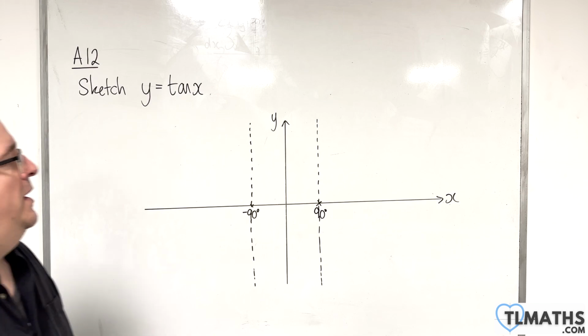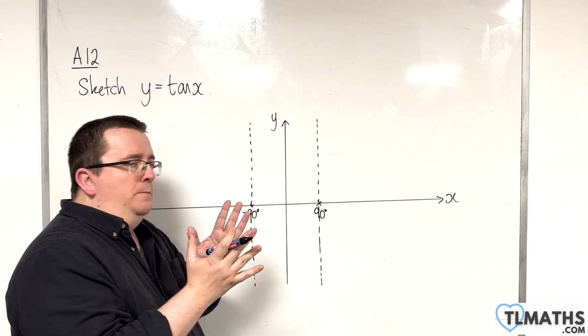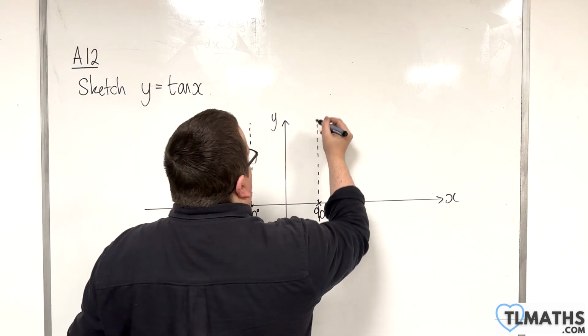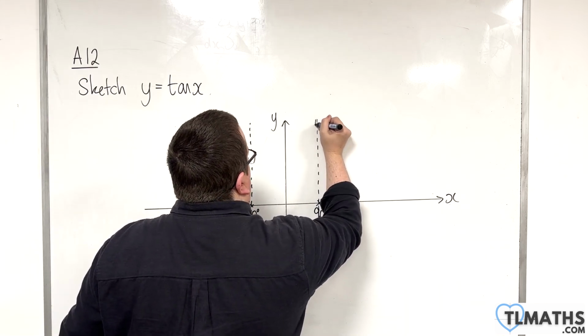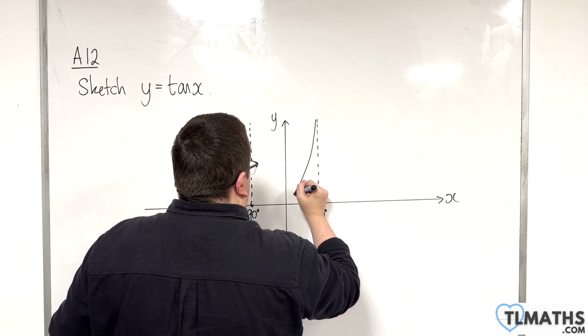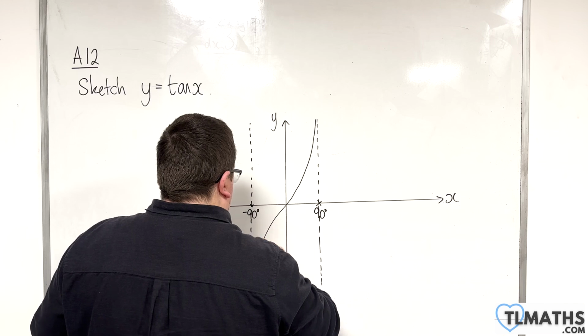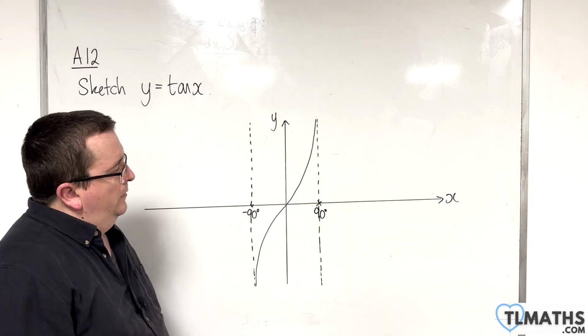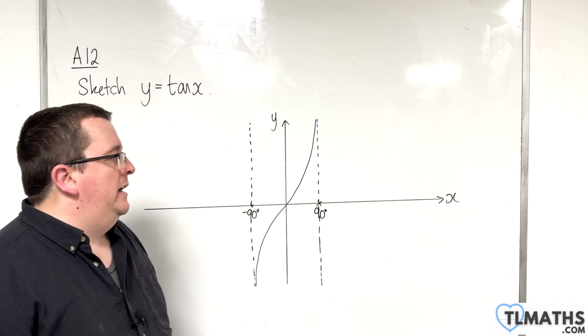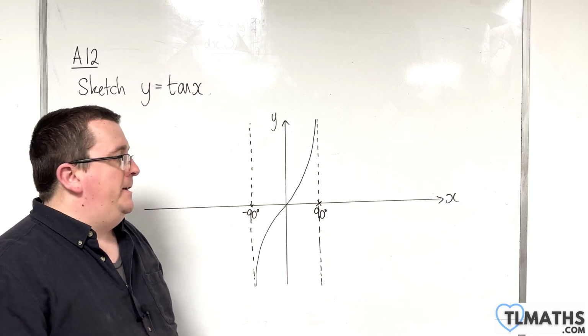Okay, so the curve is trapped between these two. The tan curve has to tend to both of them and looks like this. So this is what the tan curve looks like between minus 90 and 90.